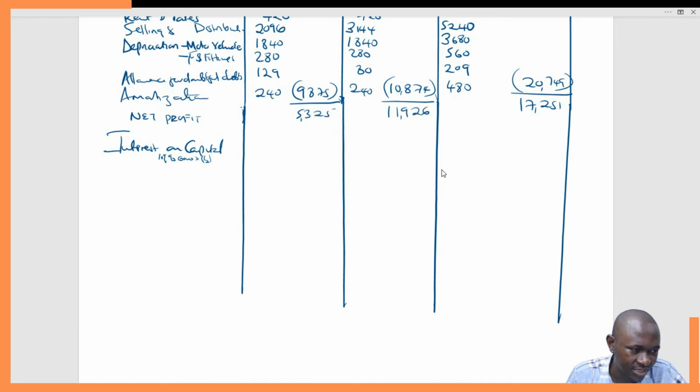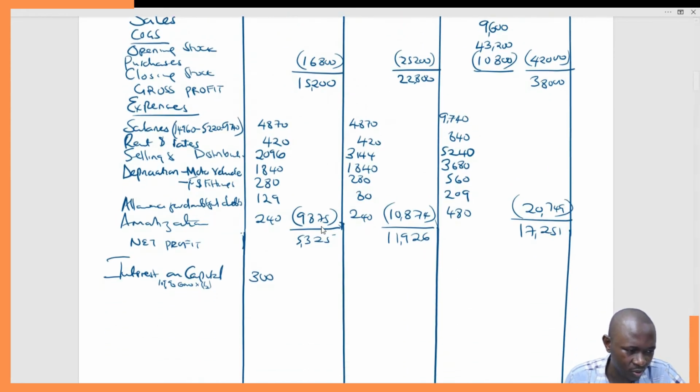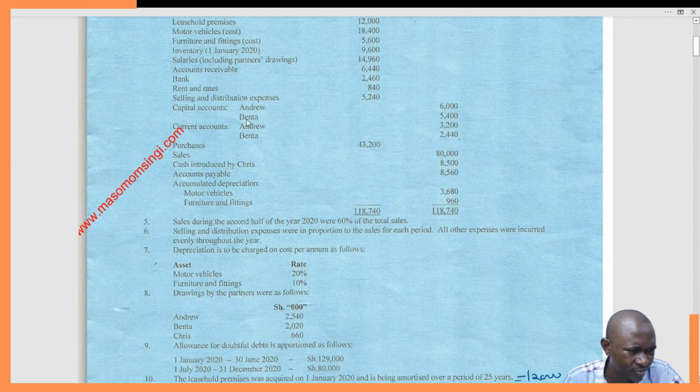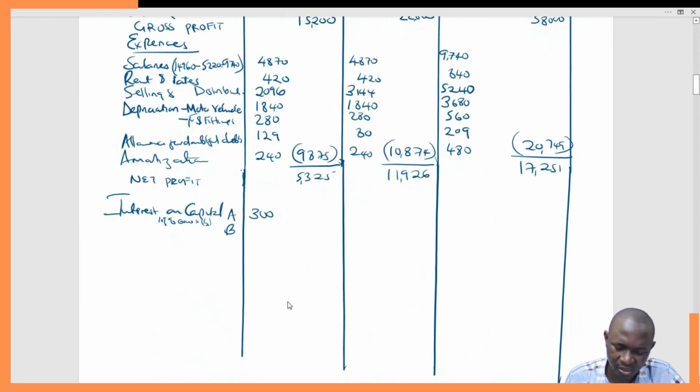This gives us 600 times half, which is 300 for partner A. Then partner B, 5,400. 10% is 540, and half of it is 270. And this is the first half.